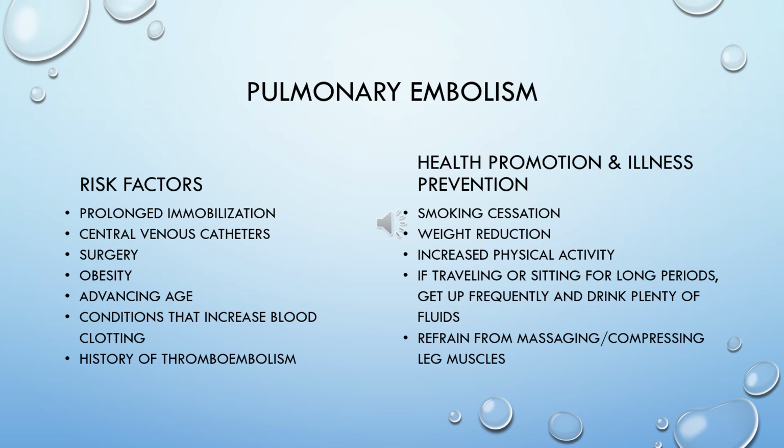Any kind of condition that increases blood clotting, so a patient who, for instance, has thrombocytosis or hemochromatosis, where the blood is really thick, has a higher risk of developing pulmonary embolism. And then just a history itself of having thromboembolism, like if we know somebody has a DVT in their leg or had multiple DVTs that have had to be treated, these people would be at a higher risk for development of pulmonary embolism.